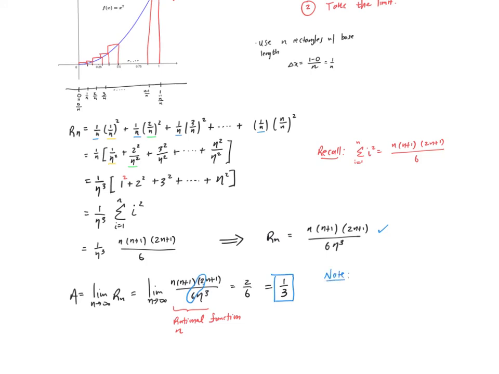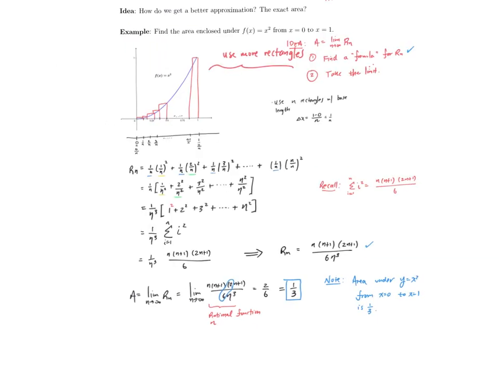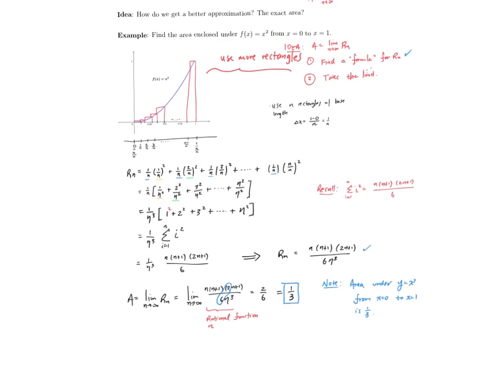So kind of our conclusion here to wrap this up, the area underneath the graph of the curve given by y equals x squared from x equals 0 to x equals 1 is 1/3. And note, we've explored this idea with one concrete example, x squared from 0 to 1.